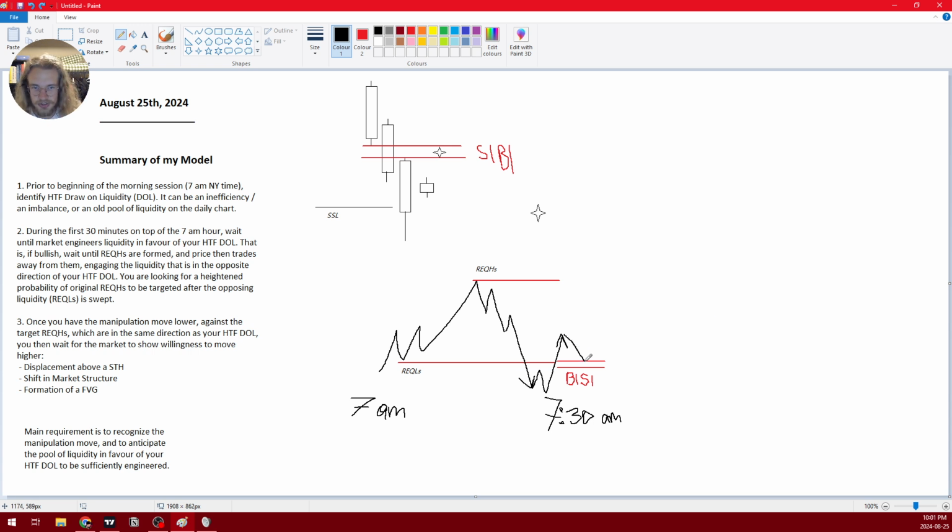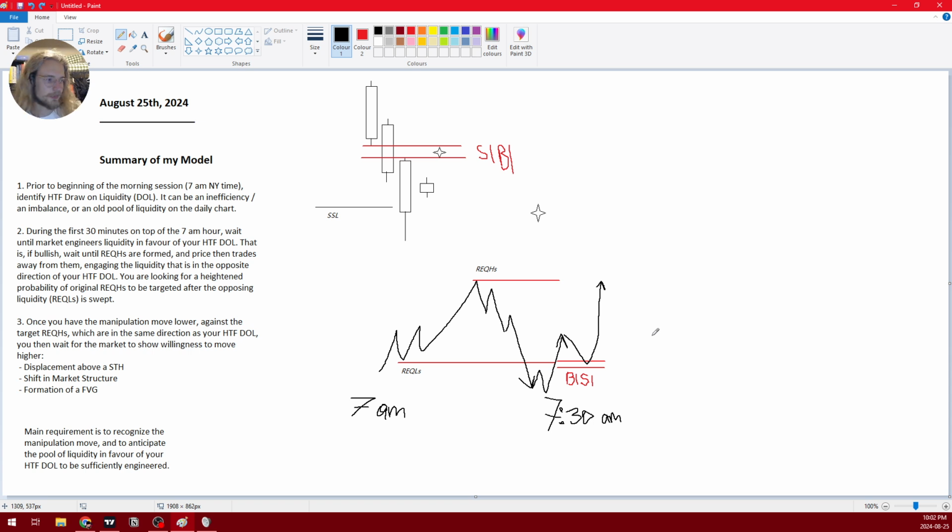So price trades into it, we buy right here, and then we hold for our relative equal highs or for any reasonable target. For example, if there's an inefficiency right here, we would hold for that, or just hold until my capacity or comfort allows. As soon as I get uncomfortable, I'm just going to close the trade.